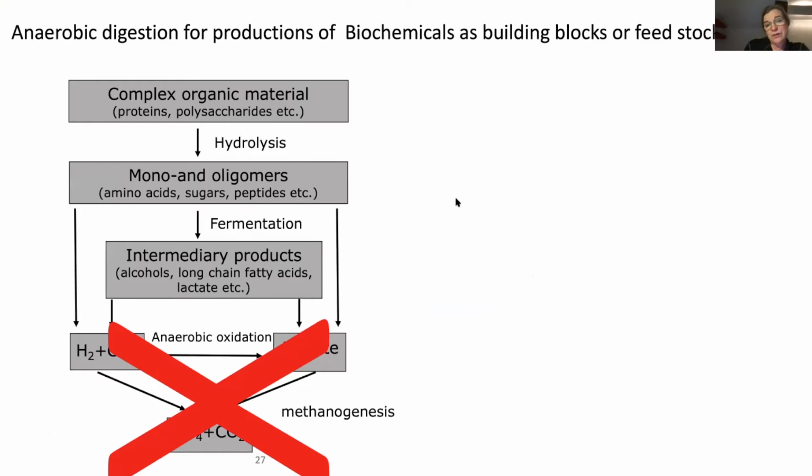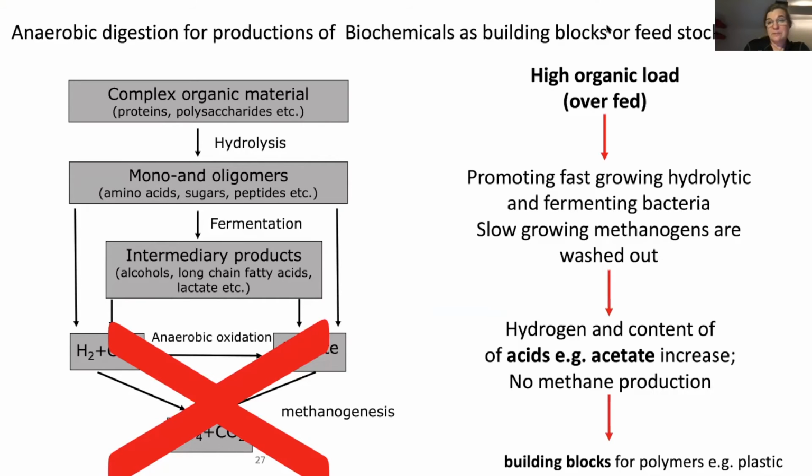Sometimes it's wanted that you don't have the entire process. That means you want, for example, intermediary products. You want to produce fatty acids or lactate, and this happens simply by high organic load. That means you simply overfed the process. What happens then is that it promotes fast-growing hydrolytic and fermenting bacteria, so these two steps.